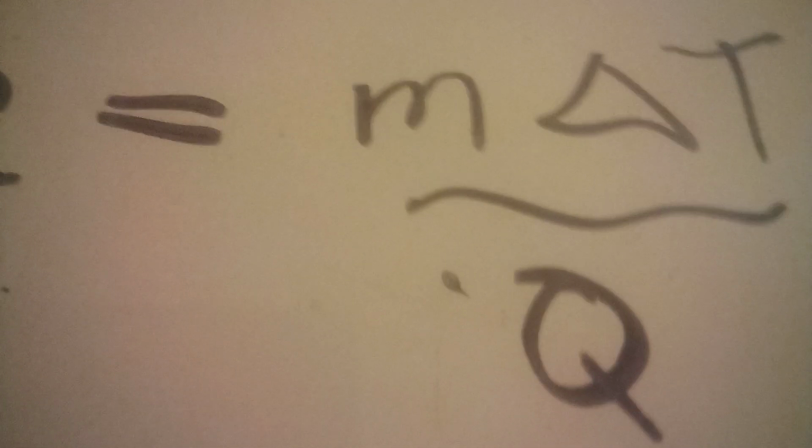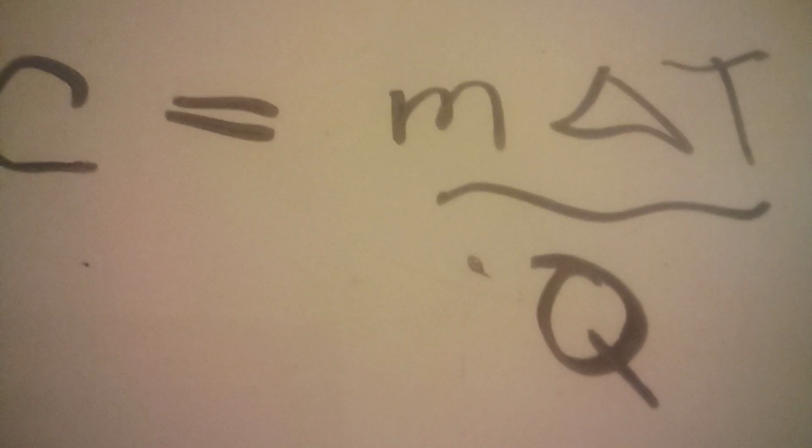Over on this side we have the C missing because we're solving for C. Up here we have the M missing because we're solving for M. So we take the other two. C is equal to M delta T, M times the change in temperature, over Q.